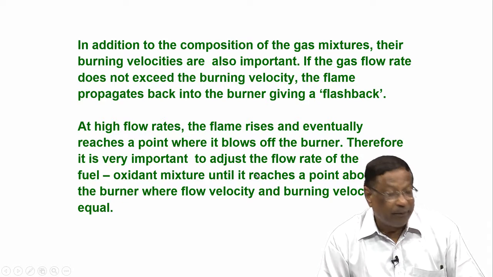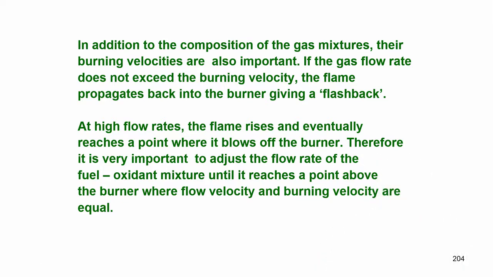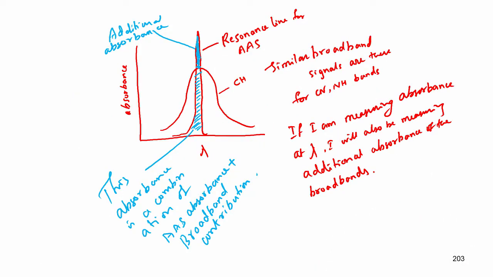I think you are convinced of the problem here, because all these broadbands have some amount of absorbance. The system cannot differentiate between the resonance line and the absorbance of the CH, NH and other bands at the resonance line. So, the total absorbance would be the algebraic sum of the signals at the resonance wavelength.